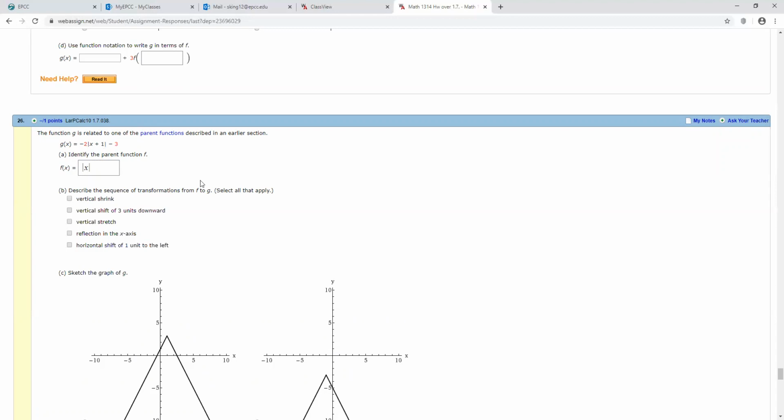So we would take the basic absolute value graph, which looks something like that. And we would do what to it, Megan? It's going to shift 1 to the left. 1 to the left. So all of this moves this way, 1 unit to the left.